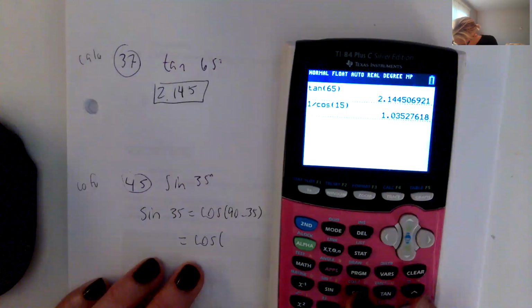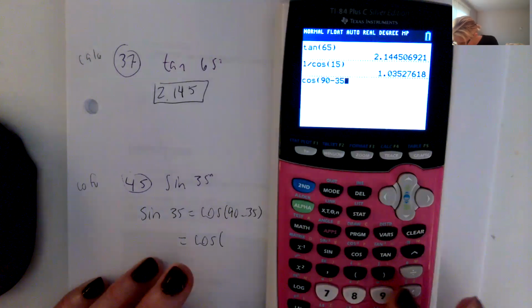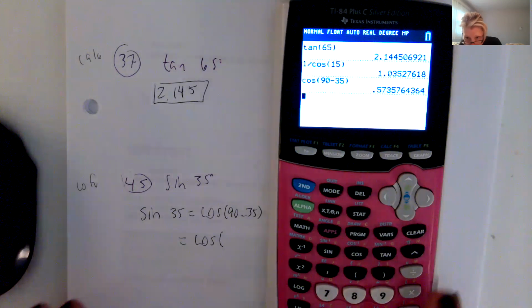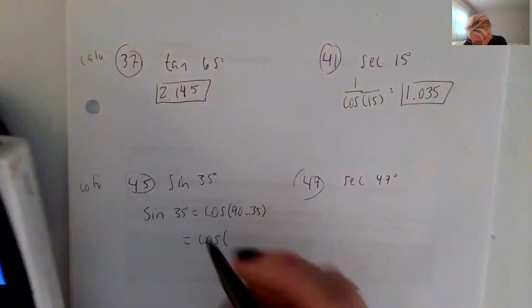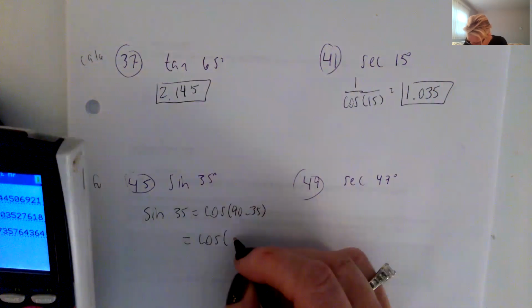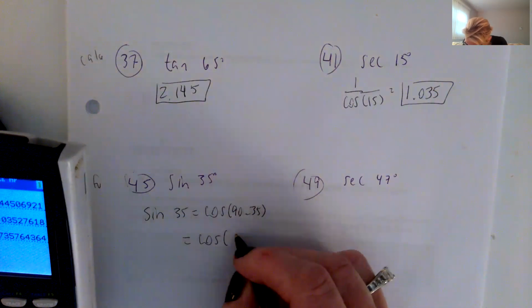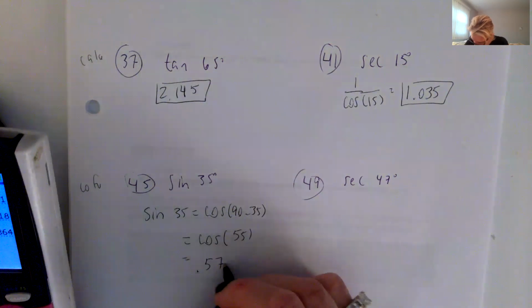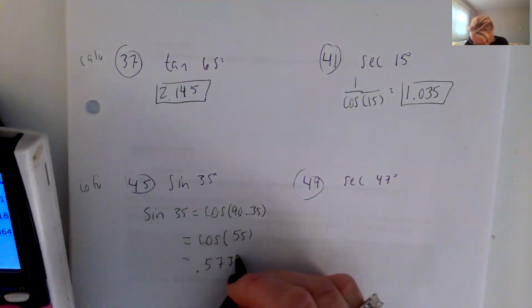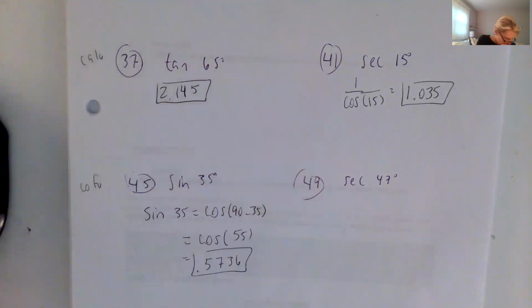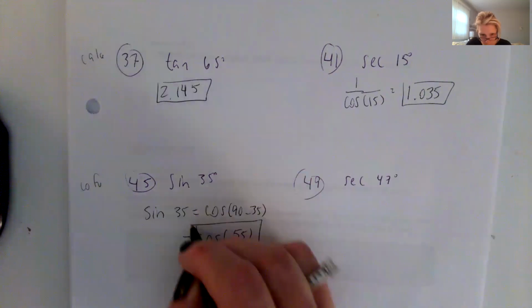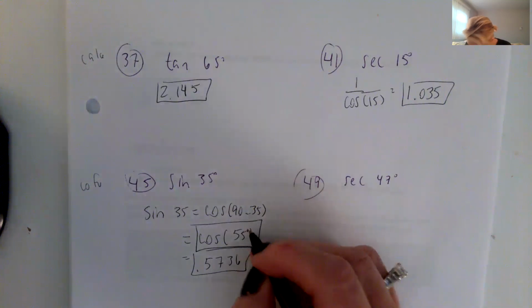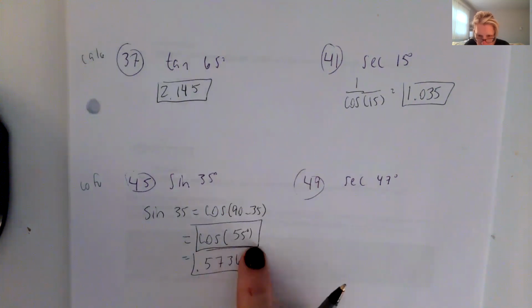So we should be able to put that in, cosine of 90 minus 35, and that's because we are in degree mode. So that would end up being the cosine of 55, which should be 0.5736. And they just want to know what that cofunction is. So cosine of 55.